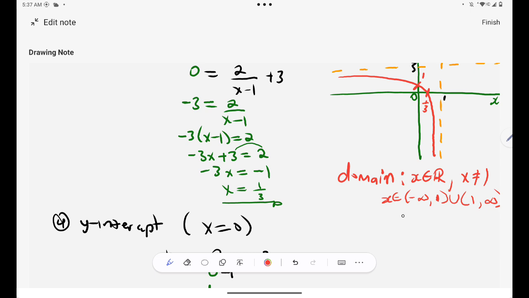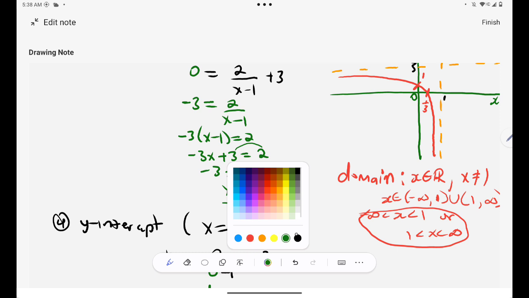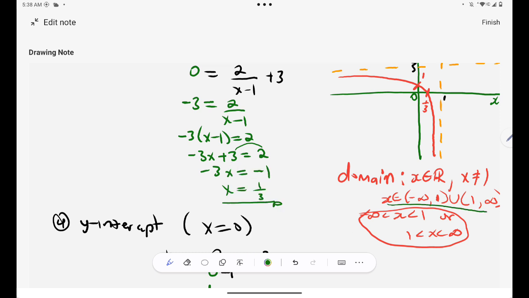Others would prefer to write it like x is between minus infinity and 1, or x is between 1 and positive infinity. This and this are the same thing. It's up to you how you put it.